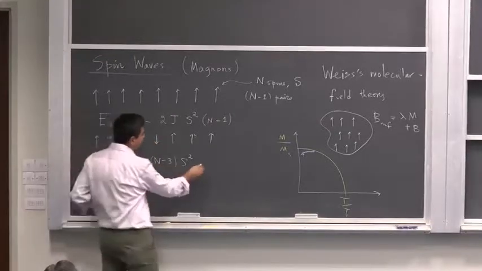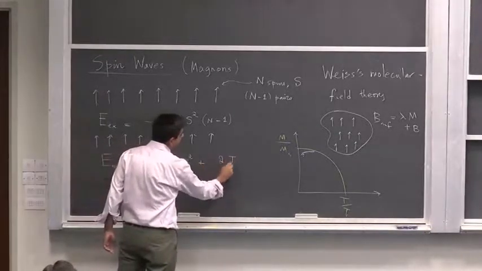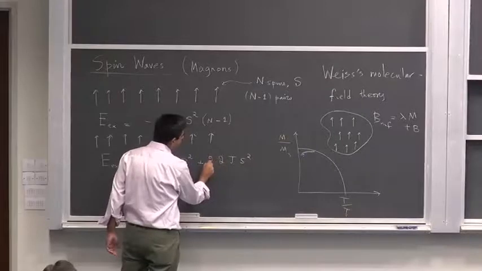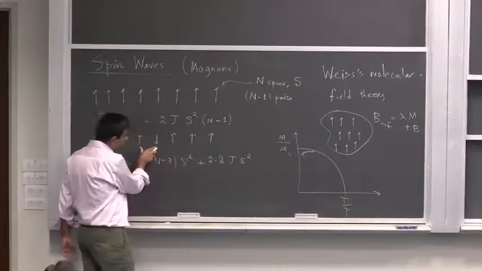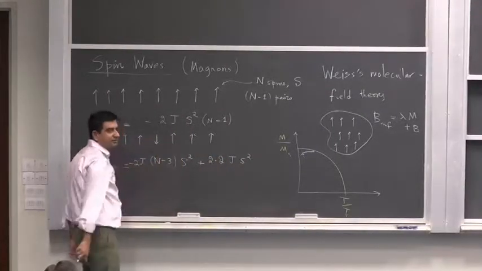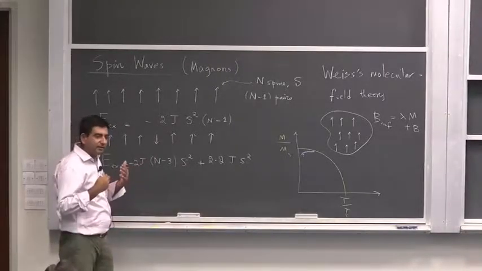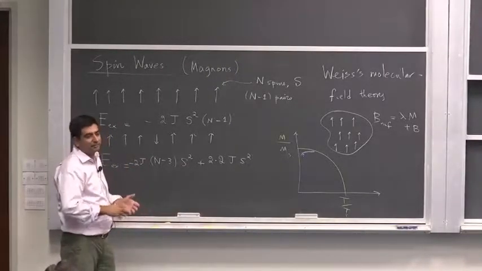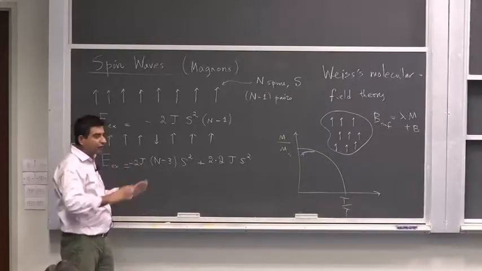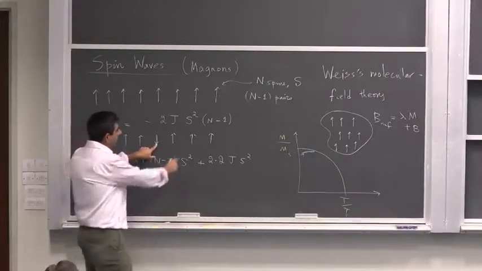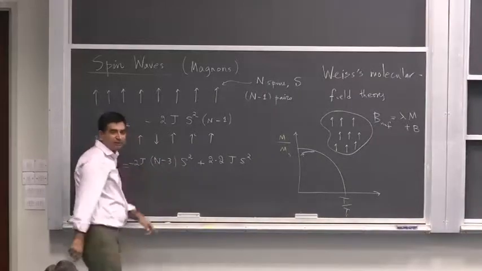So this becomes 2J S squared, and 2 times this, because there are 2 pairs. Remember, we're only considering nearest neighbor interactions. Other interactions fall off. The interaction of one spin with the second nearest neighbor is 0.